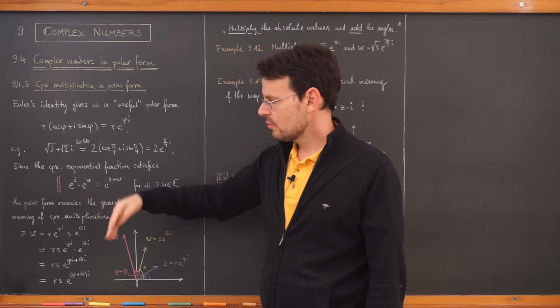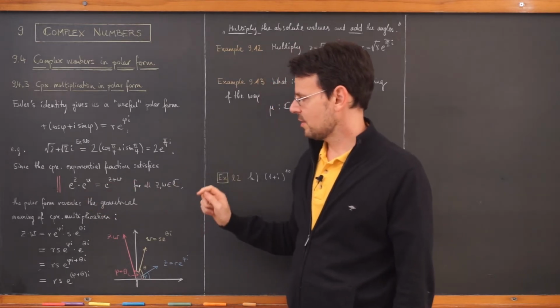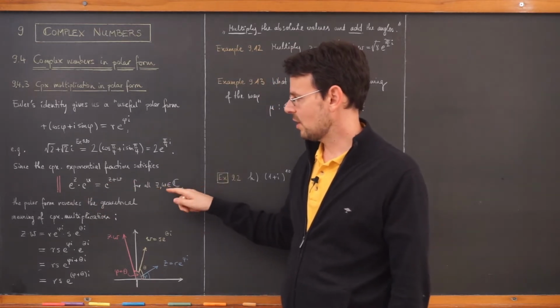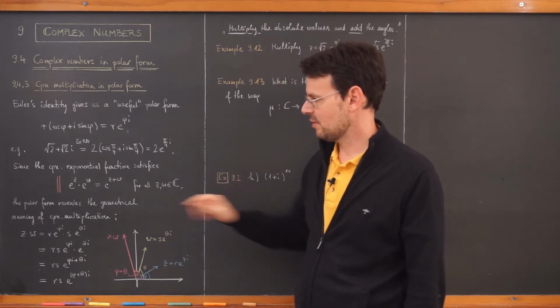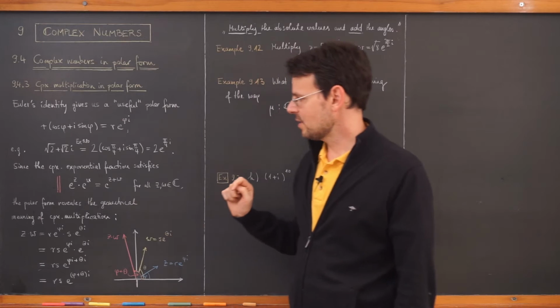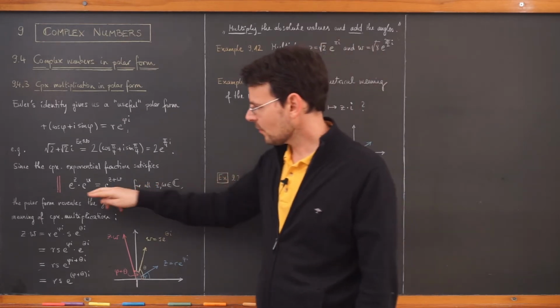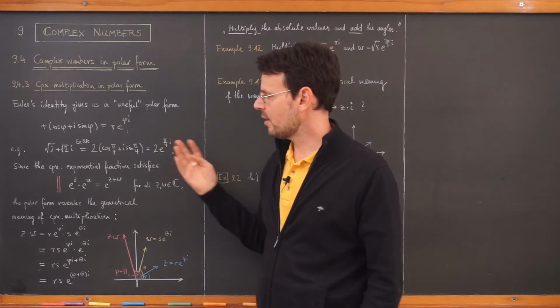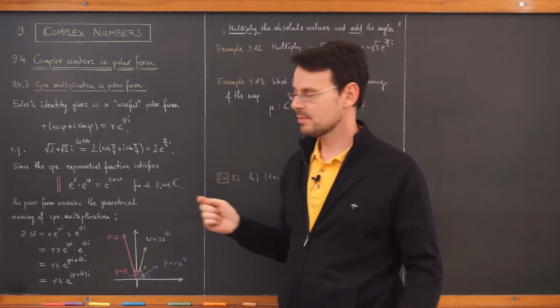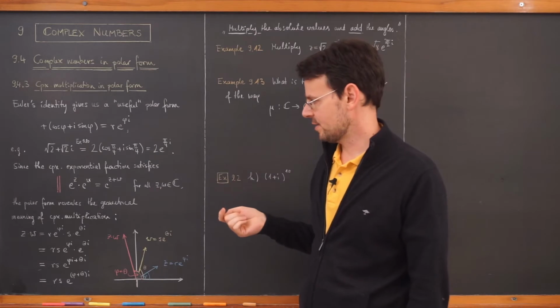Actually, we're going to prove a little bit later a special case here for purely imaginary complex numbers, and this is the only case that really interests us. But for now, we simply accept this as a fact.